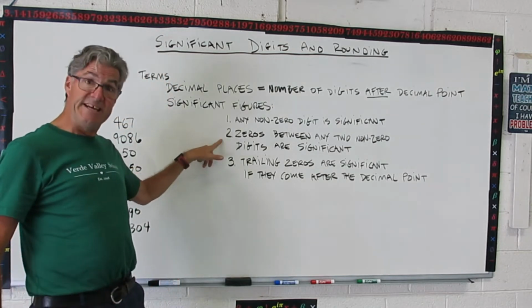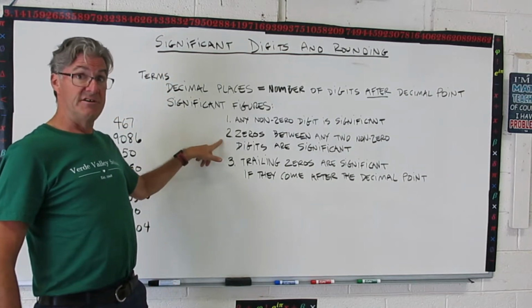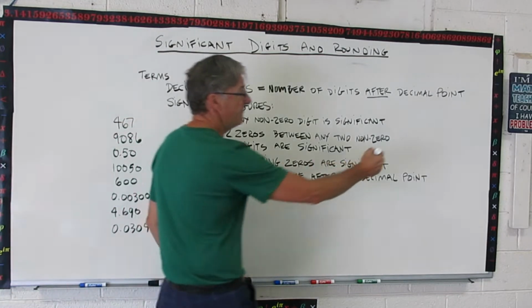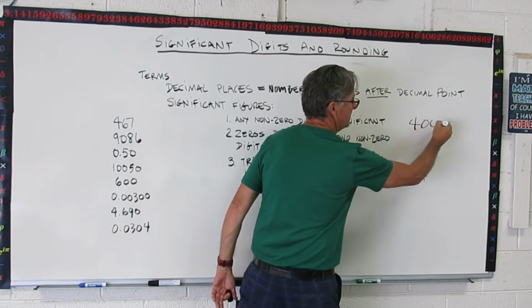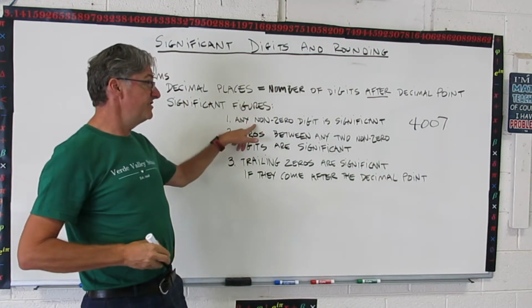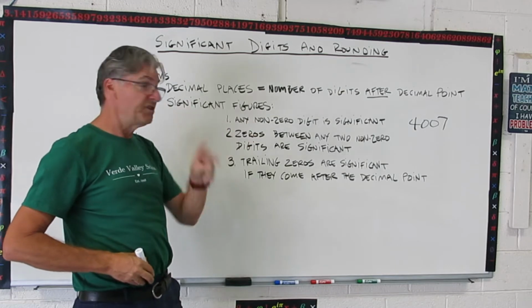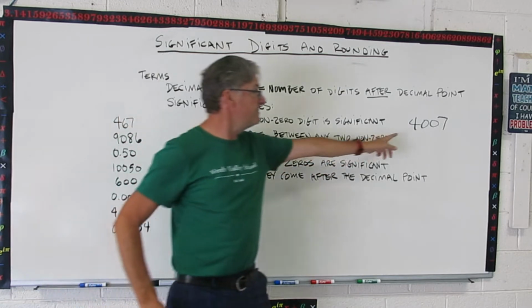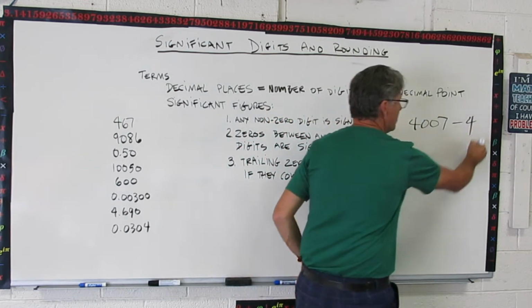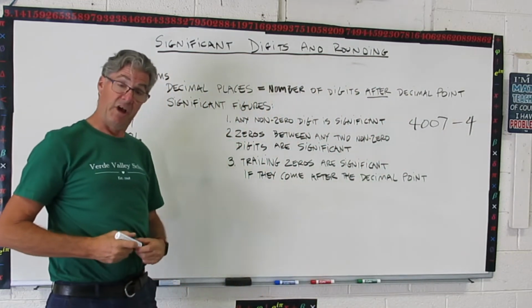Zeros between any 2 non-zero digits are significant. So for example, if I write the number 4007, any non-zero digit is significant, so I have 2 of those, and then I have 2 zeros in between my 4 and my 7. So this one has actually 4 significant digits, okay?